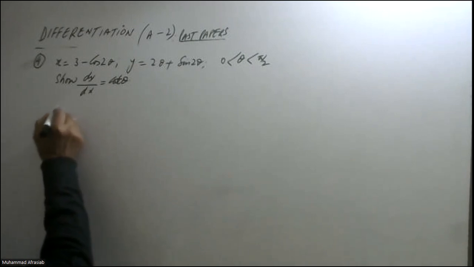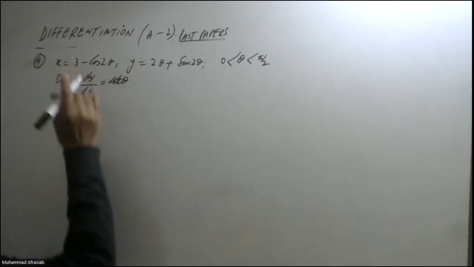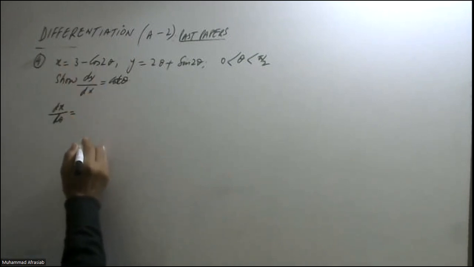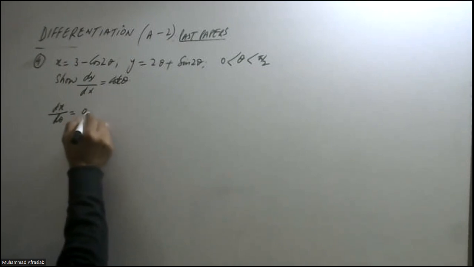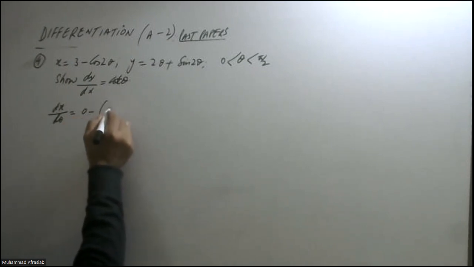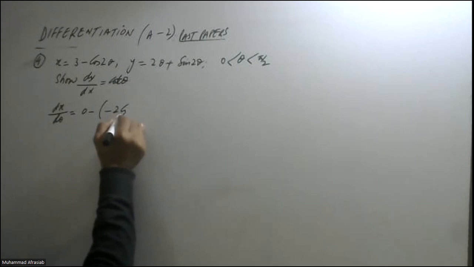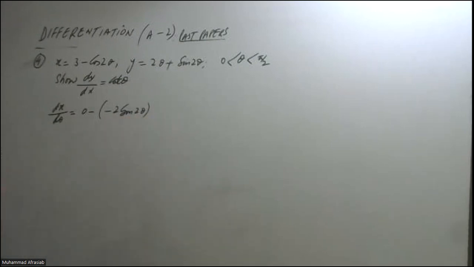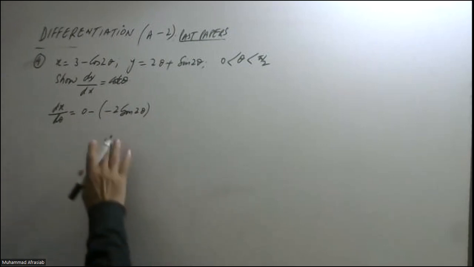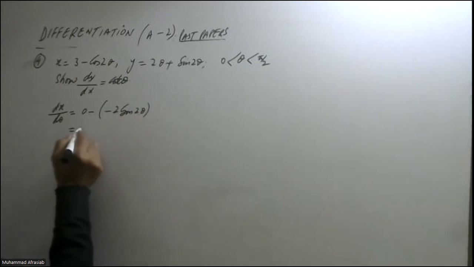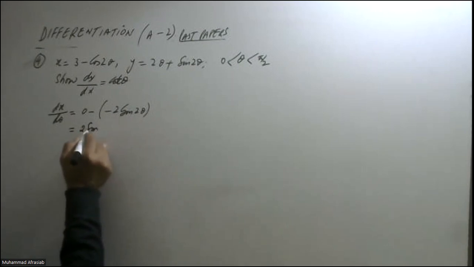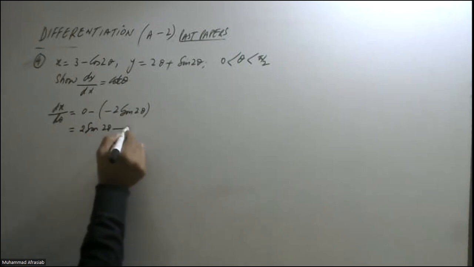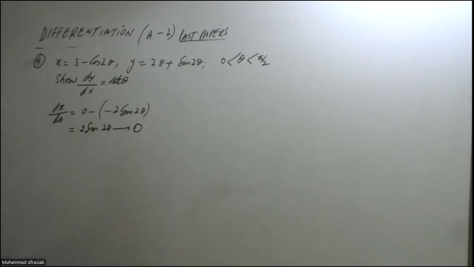So we will find dx/dθ, where x is equal to 3 minus cos 2θ. The derivative of 3 is 0, minus, the derivative of cos is minus sine, so this becomes 2 sin 2θ, and that is expression number 1.